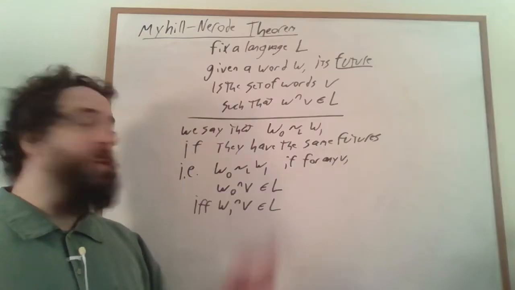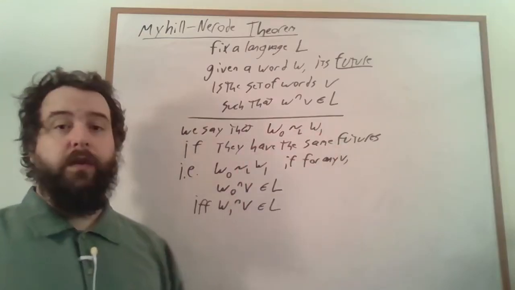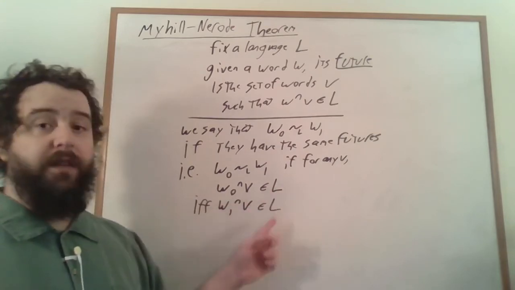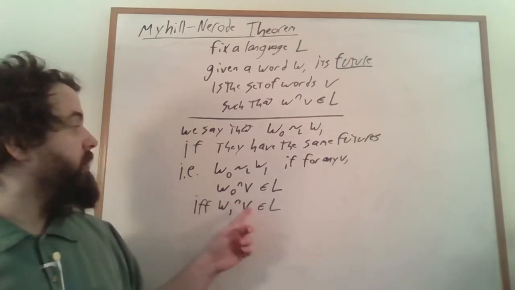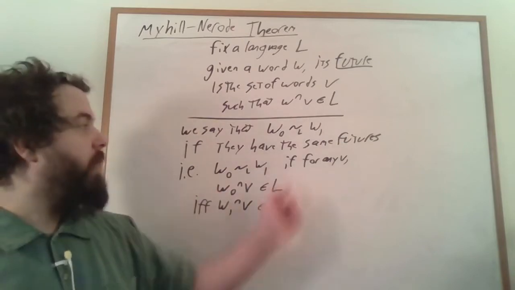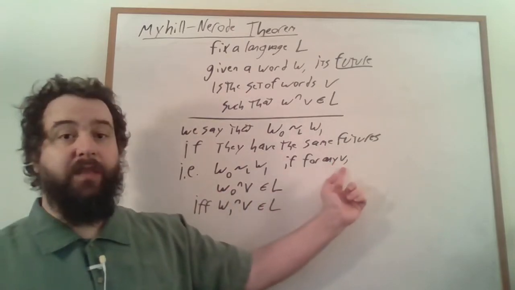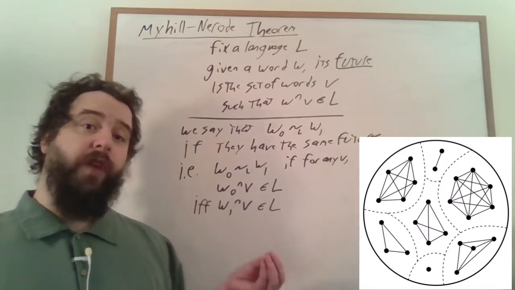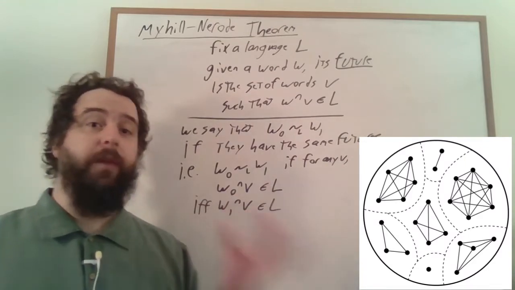It's important to note that if two words are Myhill-Nerode equivalent, then either they're both in the language or not in the language, because we can just look at this property here and consider the case where V is the empty word. Equivalence relations describe a way of partitioning up a particular set.